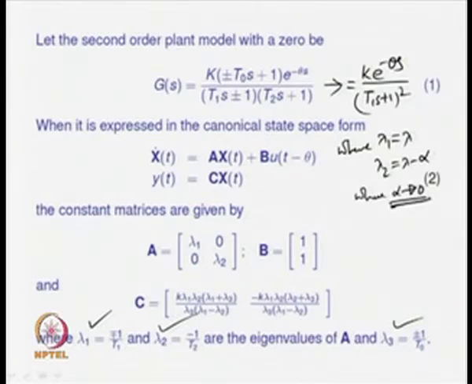Please keep in mind, alpha tends to 0, then only you will get the dynamic model in the form of a model with pole multiplicity.